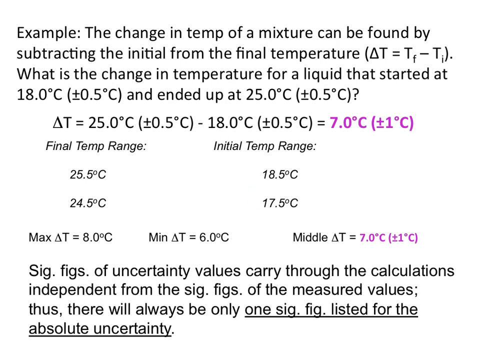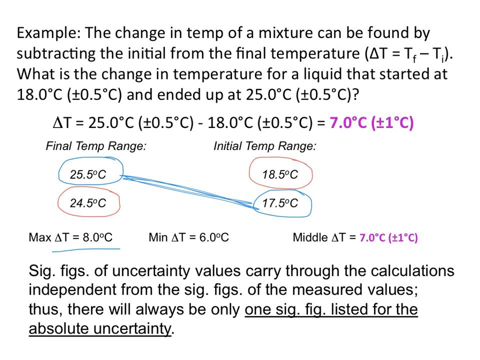If I were to look at the maximum change in temperature possible, I'm going to be looking at the highest final temperature and the lowest initial temperature. When I subtract these, I get a change in temperature of 8 degrees Celsius. If, on the other hand, I wanted to look at the minimum change in temperature, I'd use the smallest final temperature and the highest initial temperature.